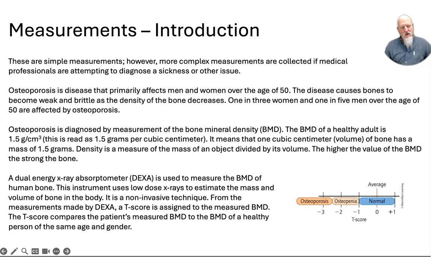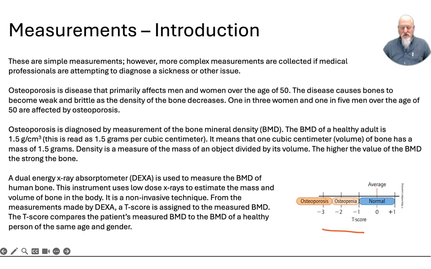That value tells you how far or how close you are to average BMD. You can see on the right here, we've got a chart that shows what your T-score would be and how it compares to the average.